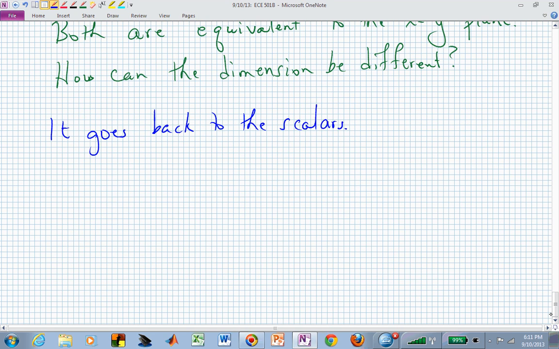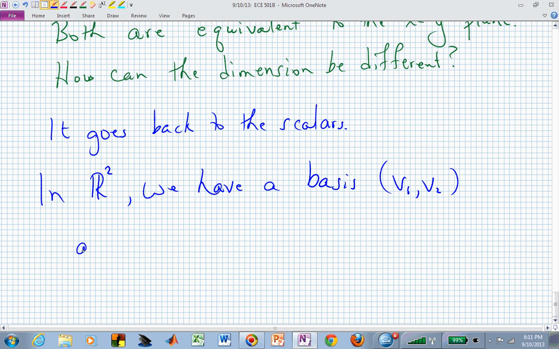For example, if we look at the two-dimensional plane R2, we can think of a basis consisting of two vectors, v1 and v2. And you could have all sorts of spanning lists that make up a basis for R2. The standard basis would be v1 equals (1, 0), v2 equals (0, 1). And we know that we can now take the span of those by looking at this linear combination of a1 v1 plus a2 v2.